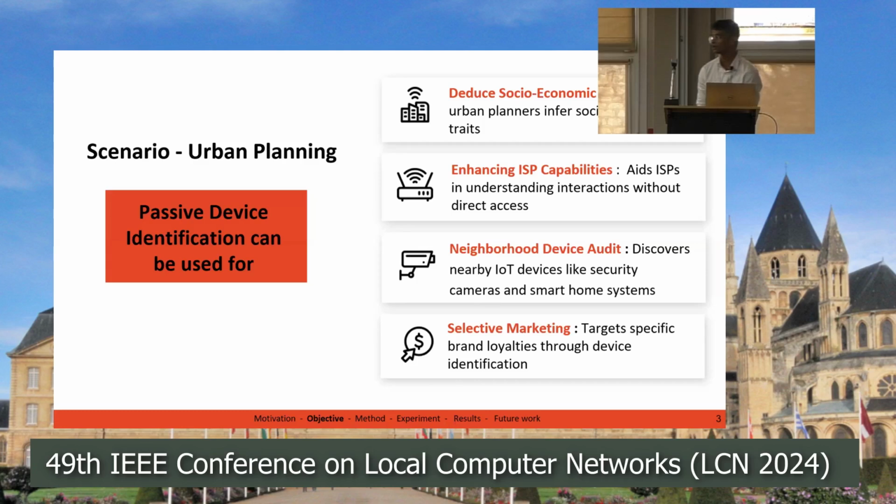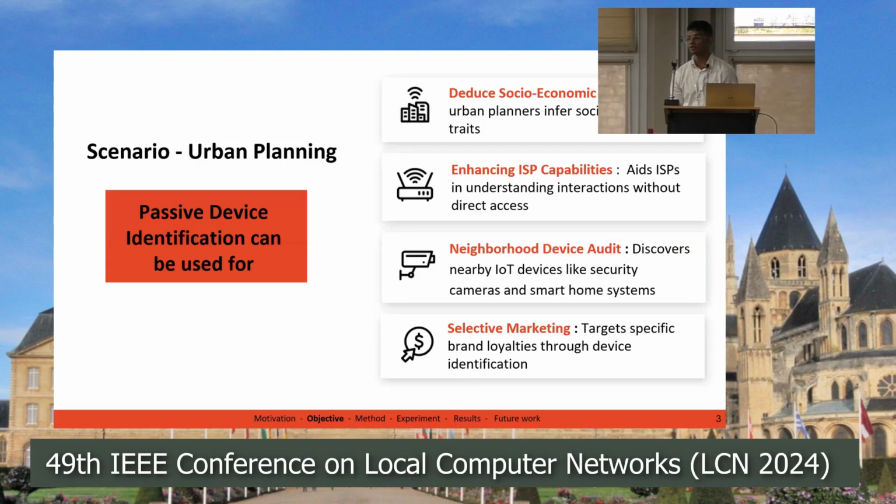Say you've got an area with a lot of high-end new devices, you could make an assumption that there's a high economic background there. While where you get devices which are older or tend to be more diverse, you could say there's a more diverse economic background there. This can be used by public services to figure out where infrastructure needs to be built and what kind of services can be implemented in different regions.